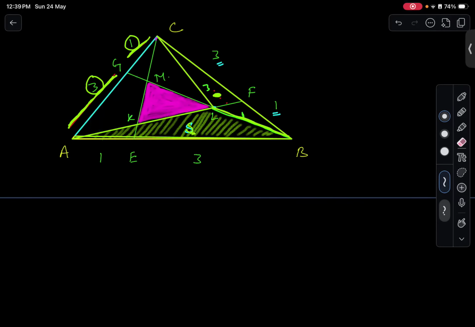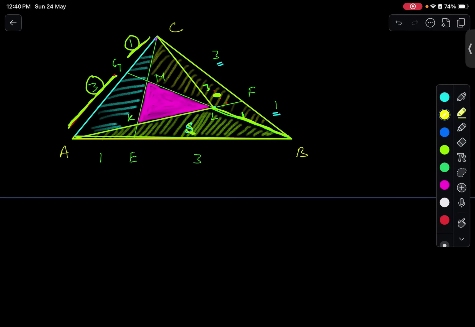I have to reach this point, I have to see the area. This is the area. Second and third, this is the area. If I subtract these 3 areas, that is S, again this is S, this is S, from the total area, I'm getting the area of KLM.